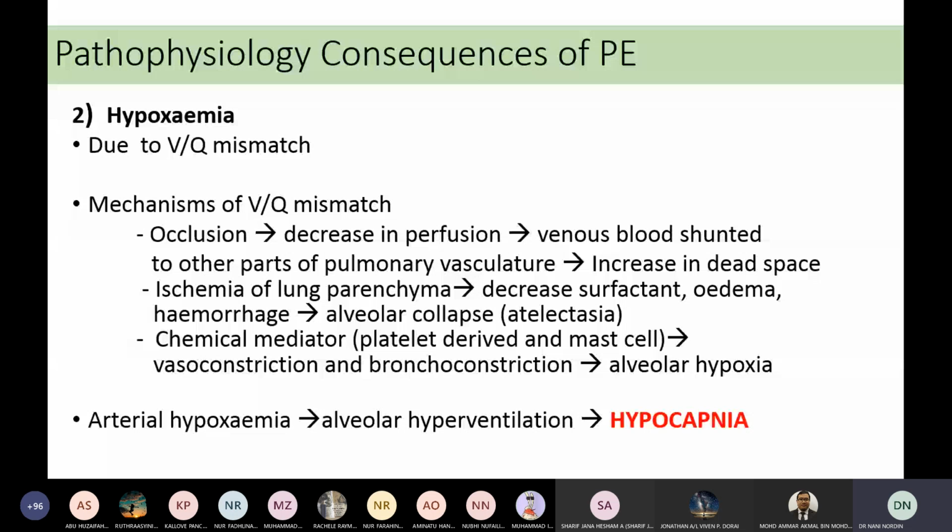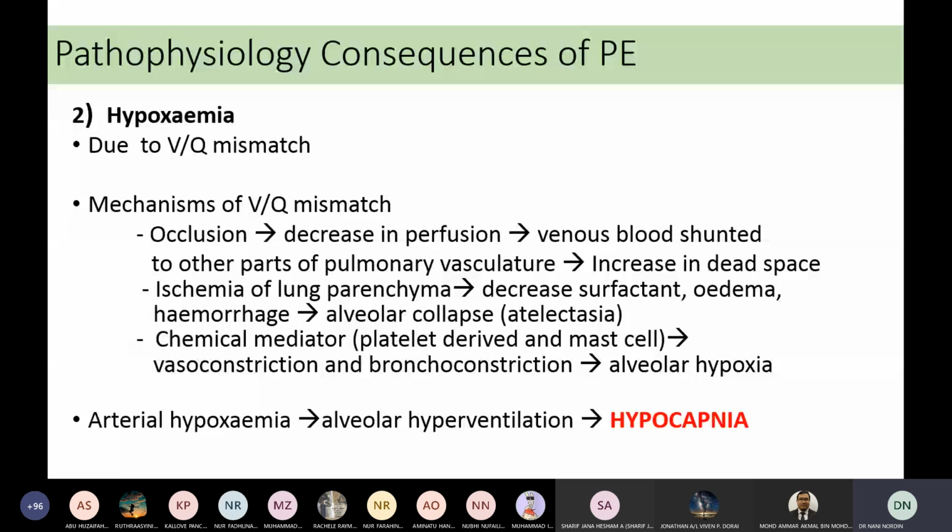When we say hypoxemia, that means a decrease in oxygen in the blood. Okay, you understand? Here, alveolar hypoxia is a decrease in oxygen in the alveoli. So of all these factors, the main one is the upper one. When we talk about decreased perfusion, we have areas of dead space and areas of increased blood with low perfusion.